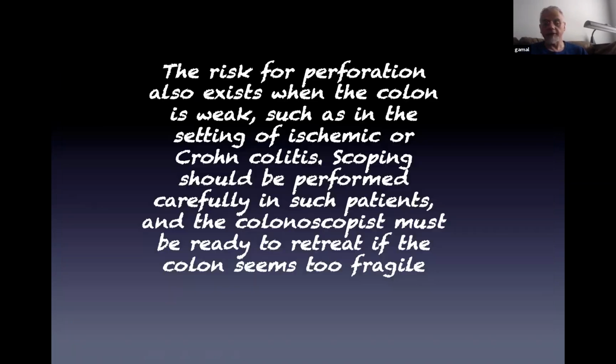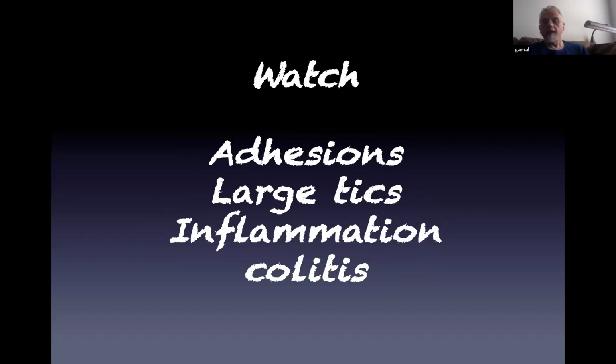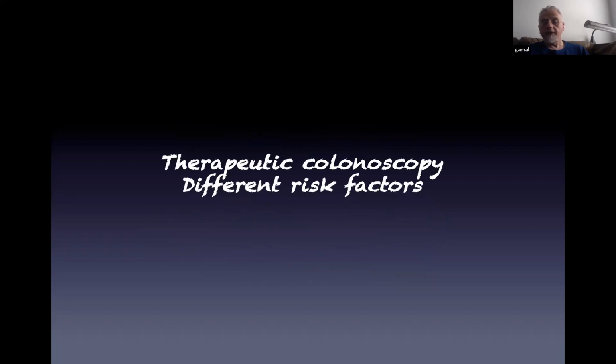So be careful. The risk of perforation also exists if the colon is weak, such as Crohn's colitis or C. diff, and we all know this probably is a contraindication to colonoscopy in the first place. So always watch for adhesions, large diverticular disease, inflammation, colitis, always watch for this.